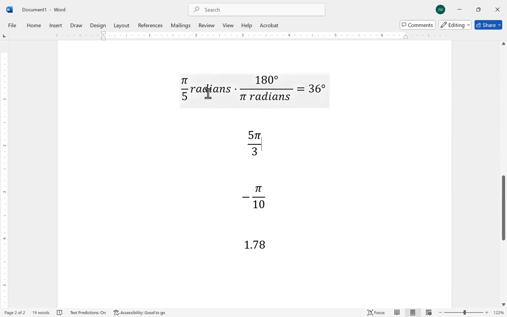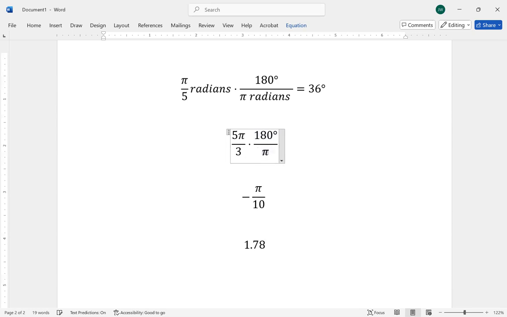I won't write the labels each time, or at least not all of the labels, but we're going to do the exact same thing in all of the other three. So we're going to multiply times a fraction. Again, the numerator of that fraction is going to be 180 degrees.